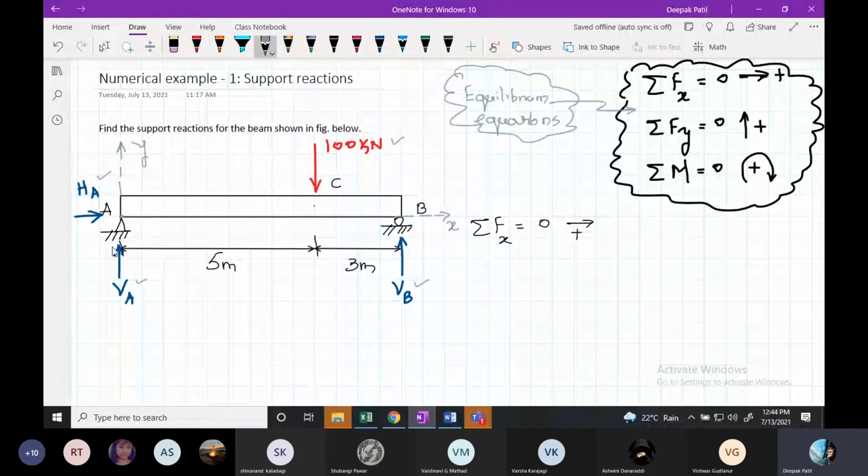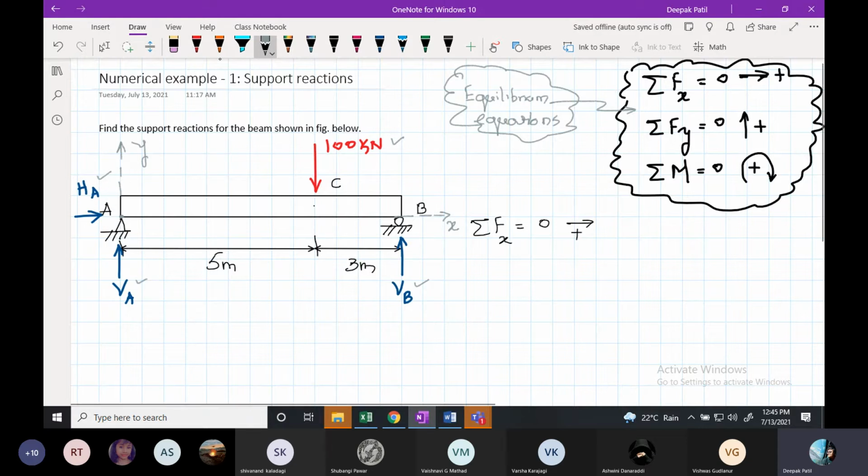Now check how many forces are there in the x direction. The 100, VA and VB are all in the y direction, and only HA is in the horizontal direction. So I should write it as HA here. And what sign convention are you following? All the forces in this direction are positive.